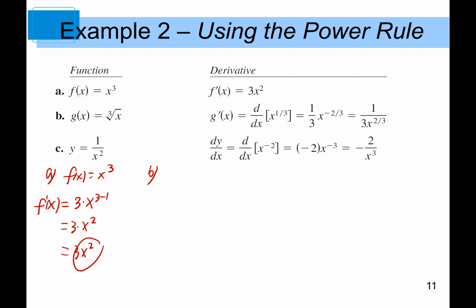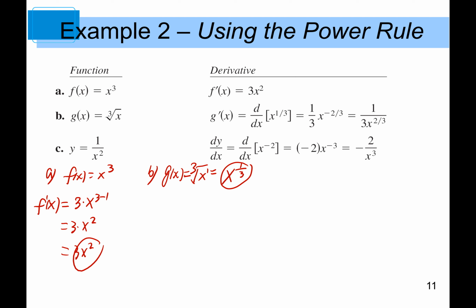Second one, B, we have g of x equals the cubic root of x. So you also apply the power rule, but first turn it into an exponent. Going from radicals to exponents, you put a base x, and then the power is 1 over the index 3.